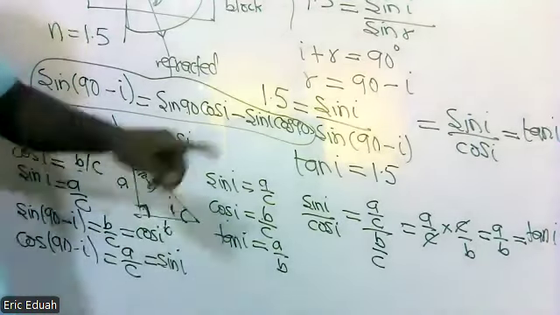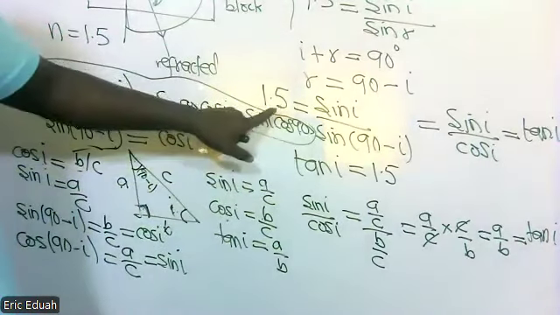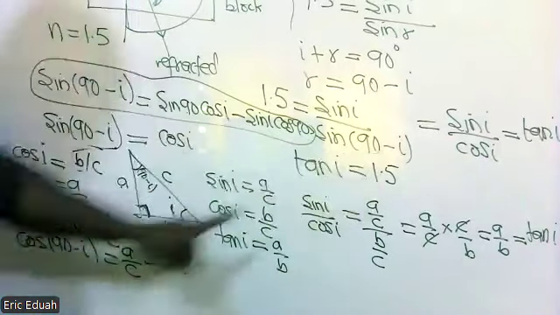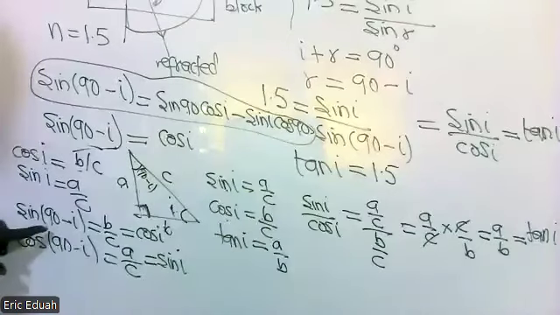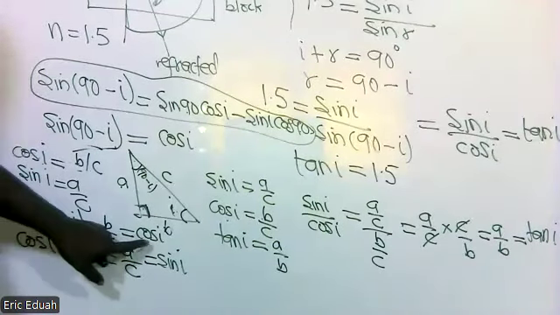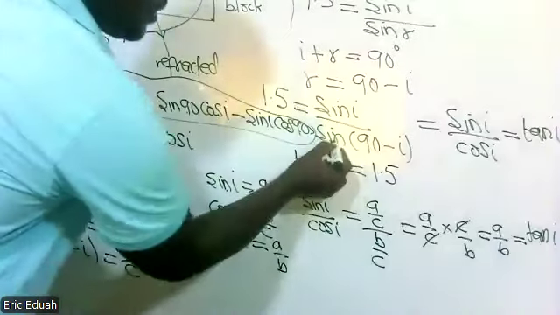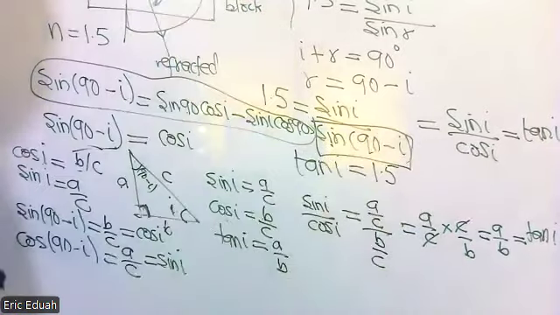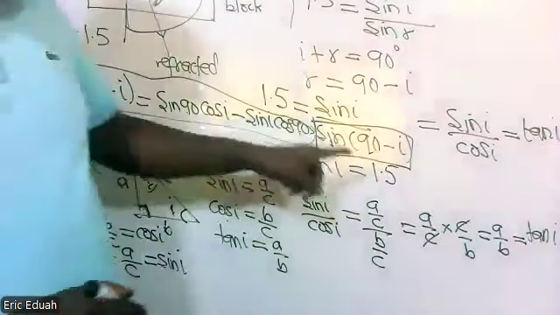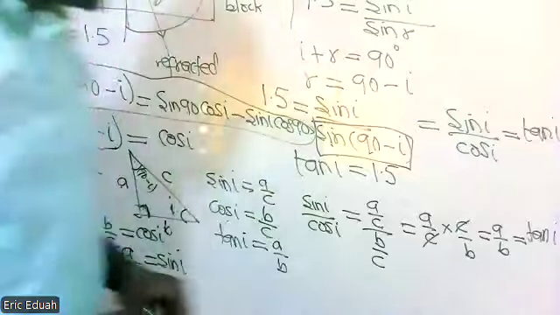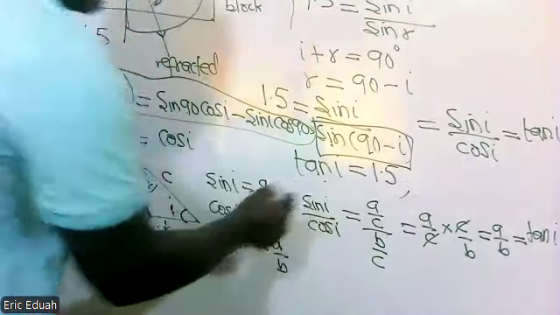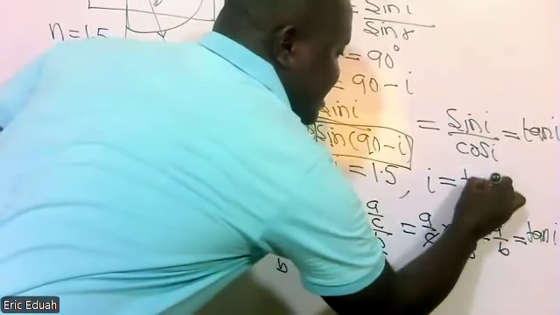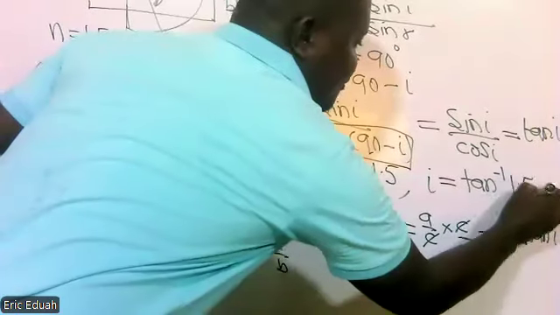So if we have an expression, 1.5 is equal to sine I over sine of 90 minus I, then because sine 90 minus I is equal to cos I, in place of sine 90 minus I, we can put cos I. So that we have sine I on cos I giving us tan I. And if tan I is equal to 1.5, then I will be equal to the tan inverse of 1.5.